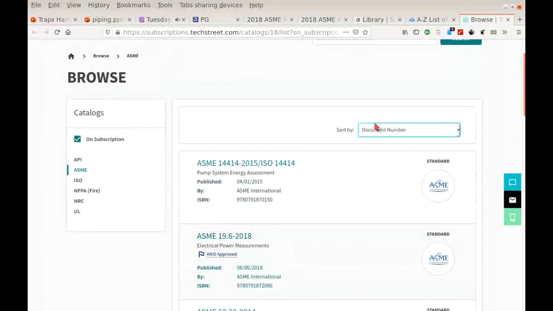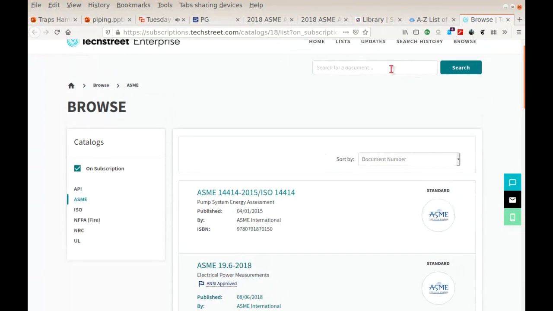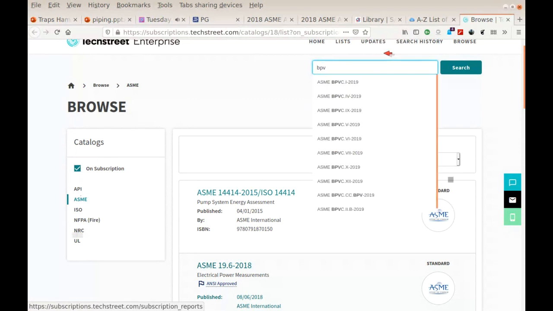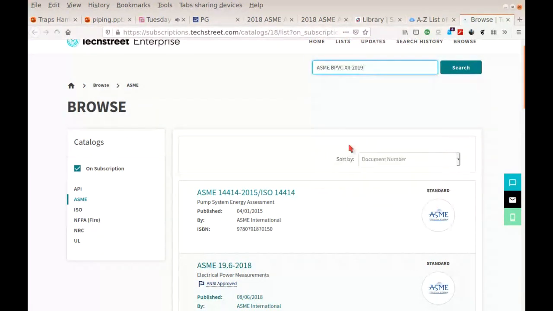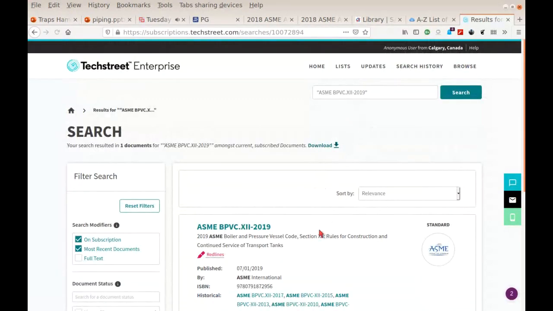And so what you do is a little search. You go, let's say I want BPVC. Oh, why didn't that work? Oh, that was a sort function. That's not search. Here's search: boiler pressure vessel code. And it gives me a whole list of all of the boiler and pressure vessel codes. And so 12. I didn't want 12, but whatever. So let's say I want boiler pressure vessel code 12. I click there and I can download it.